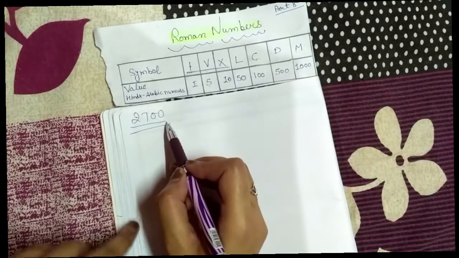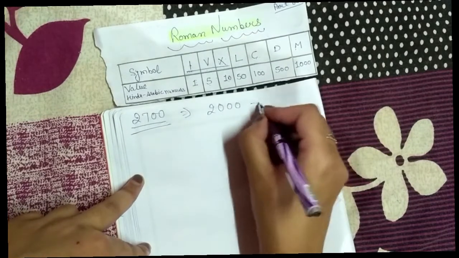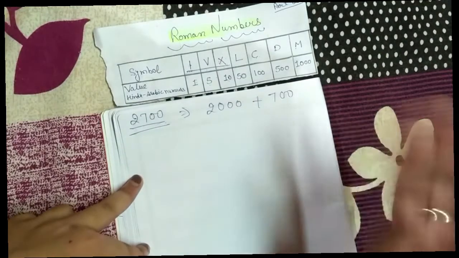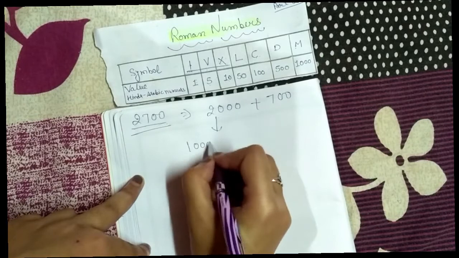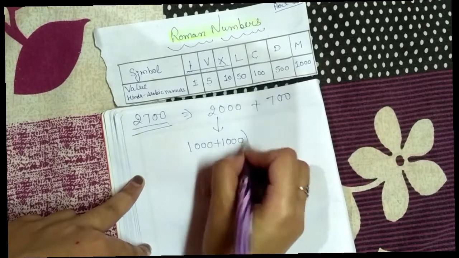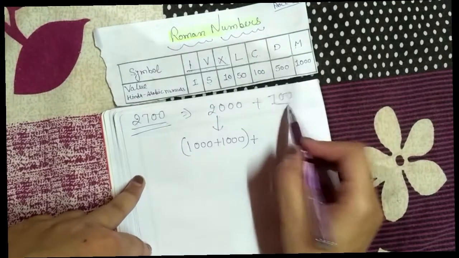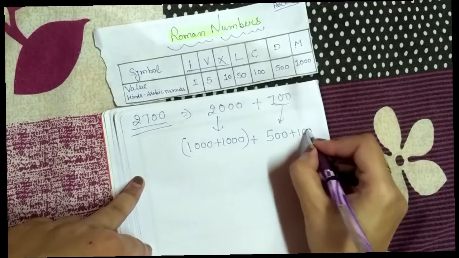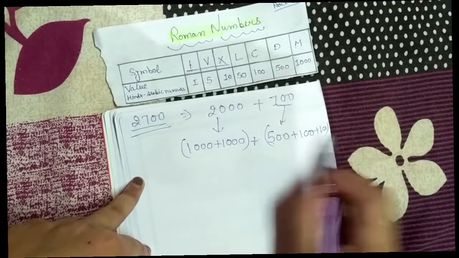Let's solve 2700. Firstly, break up the number. 2000 plus 700. Let's break it further. 2000 means 1000 plus 1000. For 700, it can be 500 plus 100 plus 100. 5, 6, 7, 700.